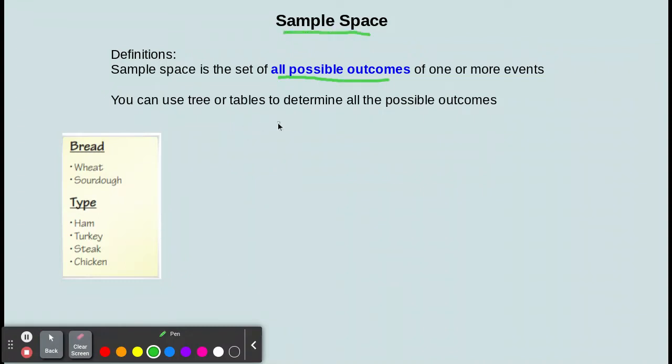So we can either choose wheat or sourdough. So let's assume we're choosing wheat. If we choose wheat, we can either have ham, we can have turkey, we can have steak, or we can have chicken. Or we could choose sourdough, and we can have the same thing: ham, turkey, steak, or chicken.